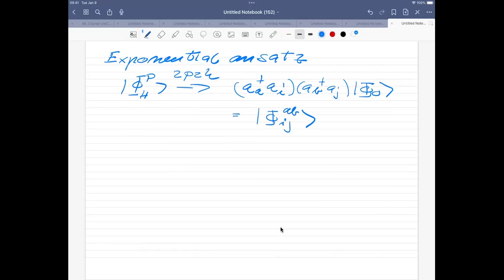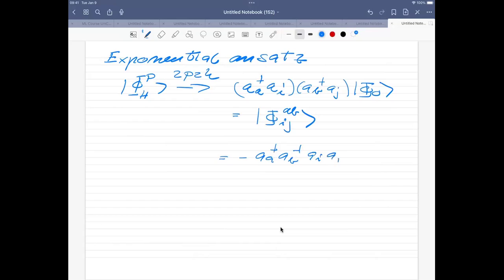And now you see that we can also reorder that specific operator. So this operator here can then be rewritten if we now shuffle the creation operators to the left, because we want to have this in a normal ordered form. So that means that what we get then is obviously a minus sign, AI, and B and I cannot be the same. So the Kronecker delta is obviously equal to 0.